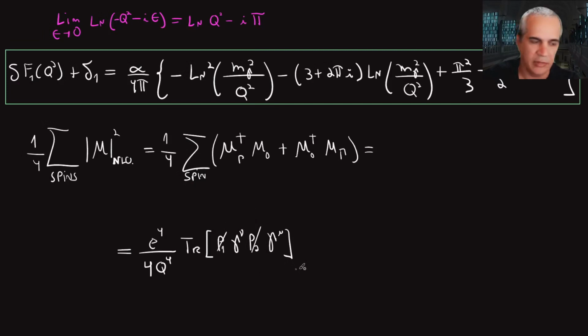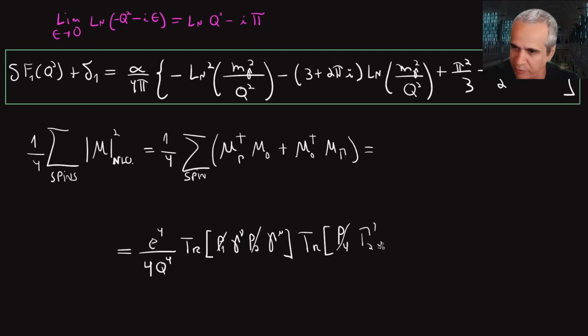The electron vertex. And again, I'm disregarding the mass because we are in the ultra-relativistic limit. And then there's a different trace for the right part of the diagram that involves the muon, which is p4 slash gamma 2 nu, right? Because there's a Lorentz index to that.